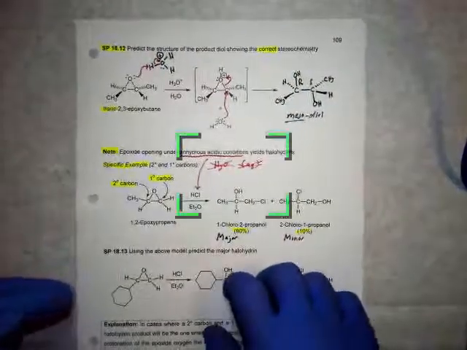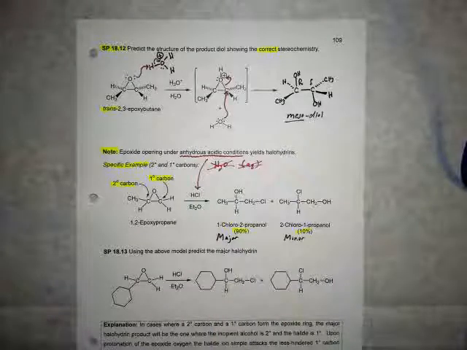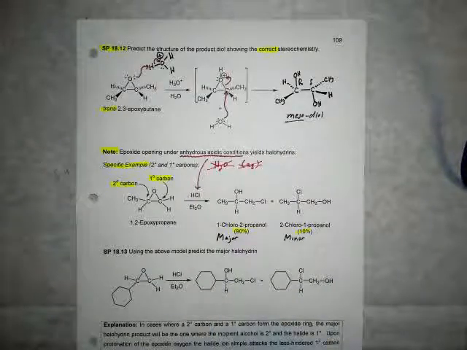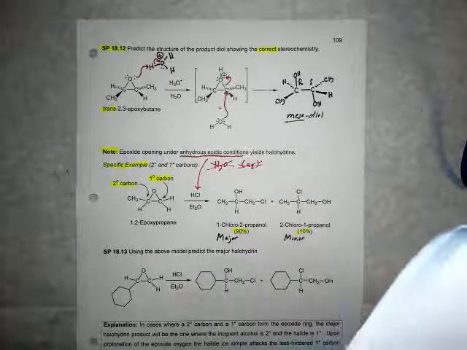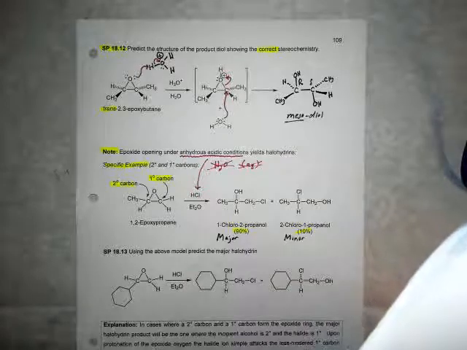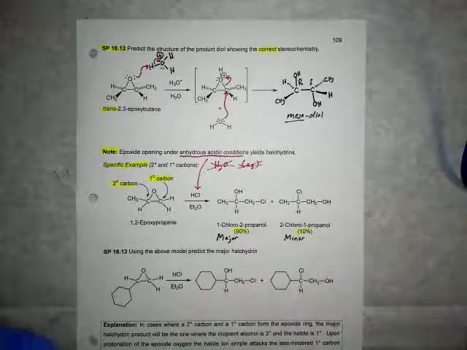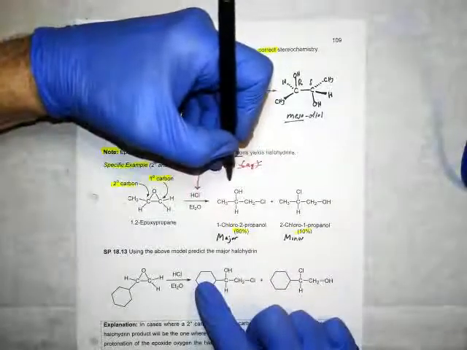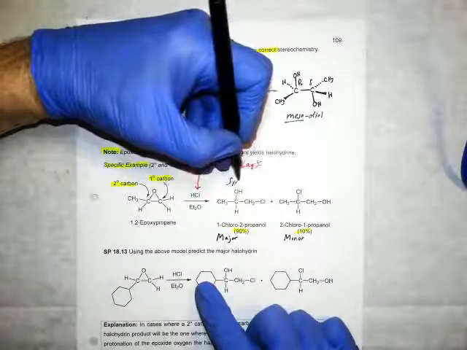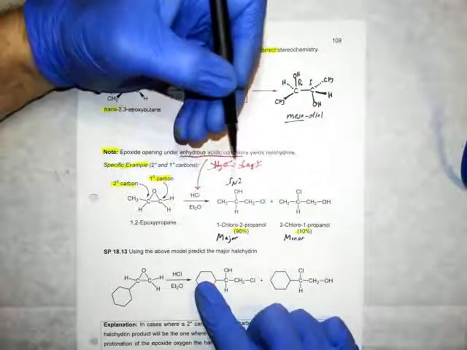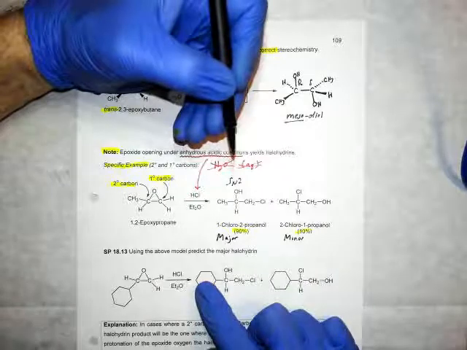Well, that's fine, but it's probably better, rather than say major and minor, to characterize exactly what they are. Folks, the major product in this case is the SN2 product, because it happens by way of an SN2 mechanism.